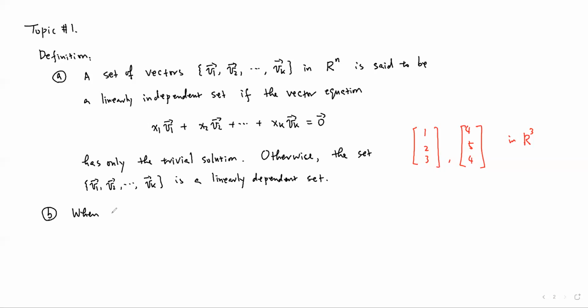B. When we say that k vectors are linearly independent, what does it mean?